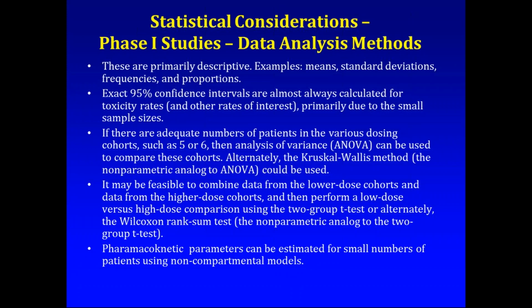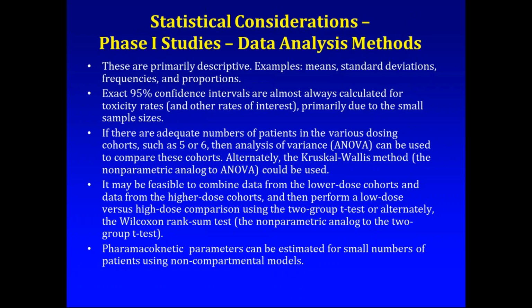It's always appropriate to compute these quantities. Now, we might question sometimes how meaningful some of them are, but we can always compute them. As I mentioned, we want to use exact confidence intervals if we're computing confidence intervals for rates. If we have adequate numbers of patients in various dosing cohorts, we can actually compare, say, dose cohort 1 to 2.